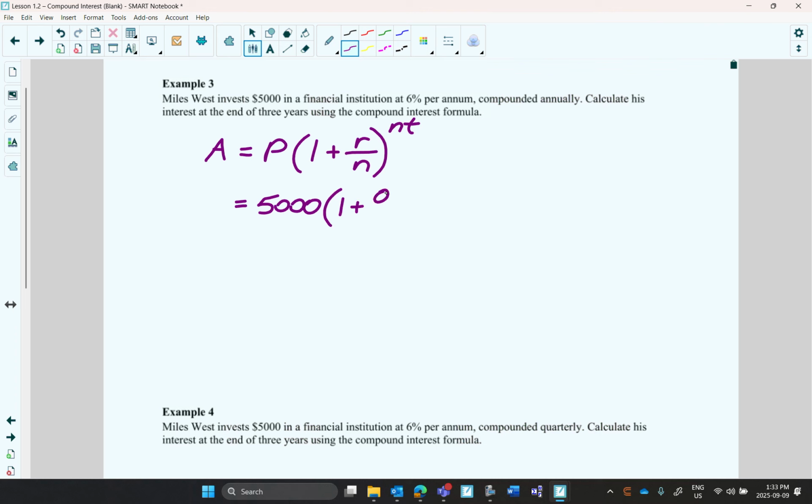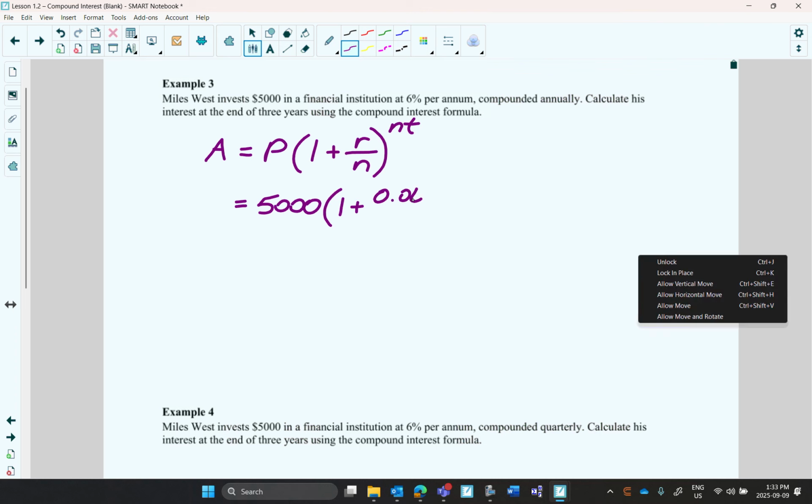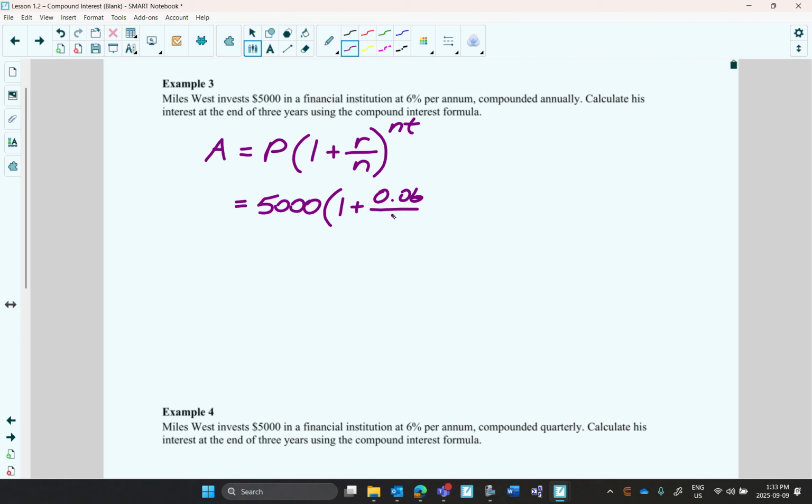R is 0.06. N is 1 because it's compounded annually, which means once per year. And then T, well, it's invested for 3 years.